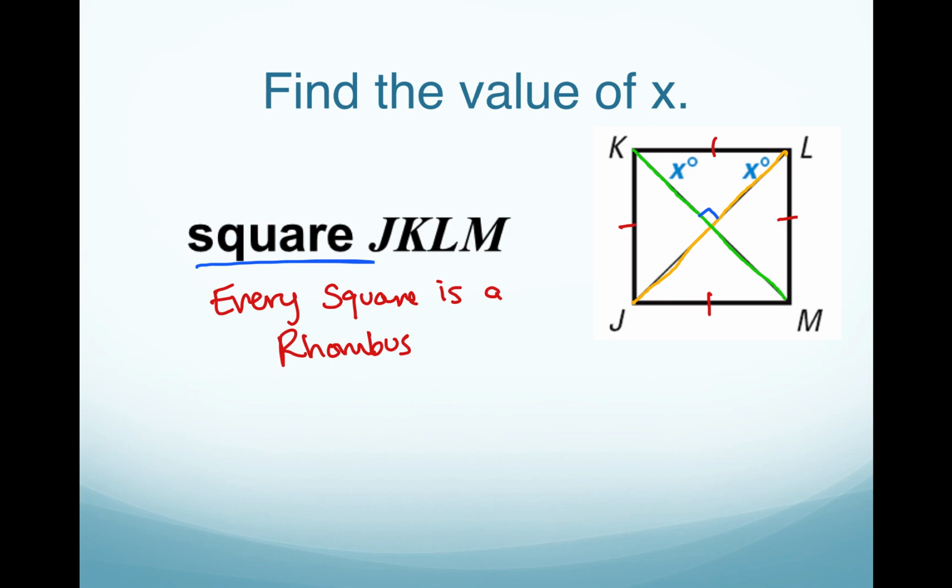The next thing you should notice about this problem is this triangle right here that I'm highlighting in purple. This triangle has 3 angles: that 90-degree angle, and 2 angles that both have x degrees. I know that the angle sum of a triangle is 180, so that means 90 plus x degrees plus x degrees has to equal 180 degrees.